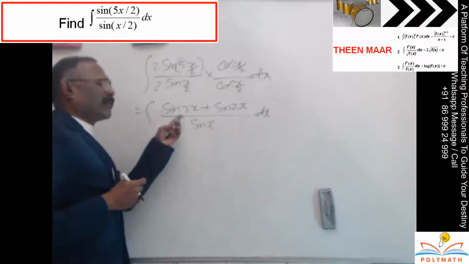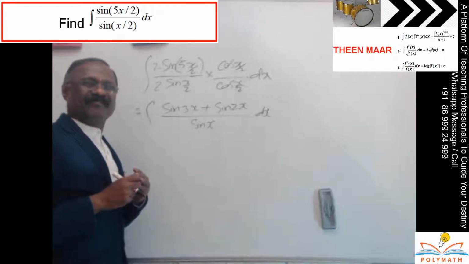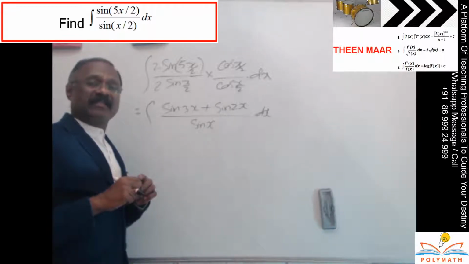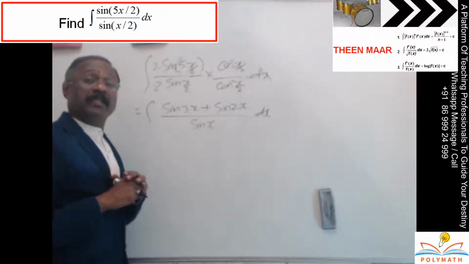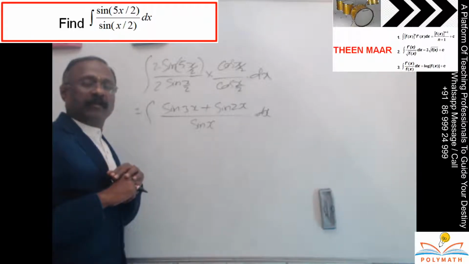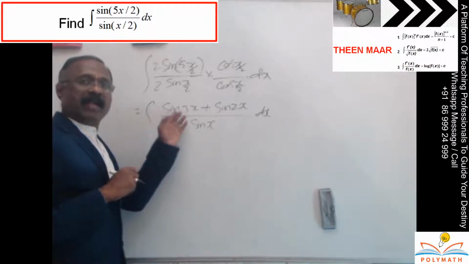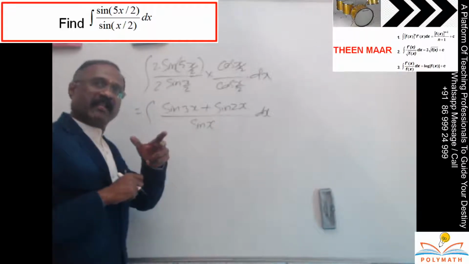Now by now you must have understood that sine 3x contains sine x as a common term. What is the formula for sine 3x? 3 sine x minus 4 sine cube x. So you can take sine x common there. Within the brackets you will get 3 minus 4 sine square x. Here sine 2x is 2 sine x cos x.